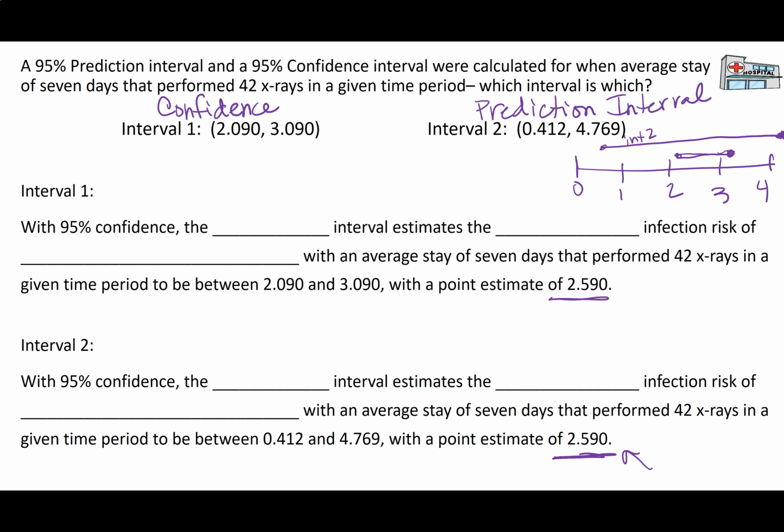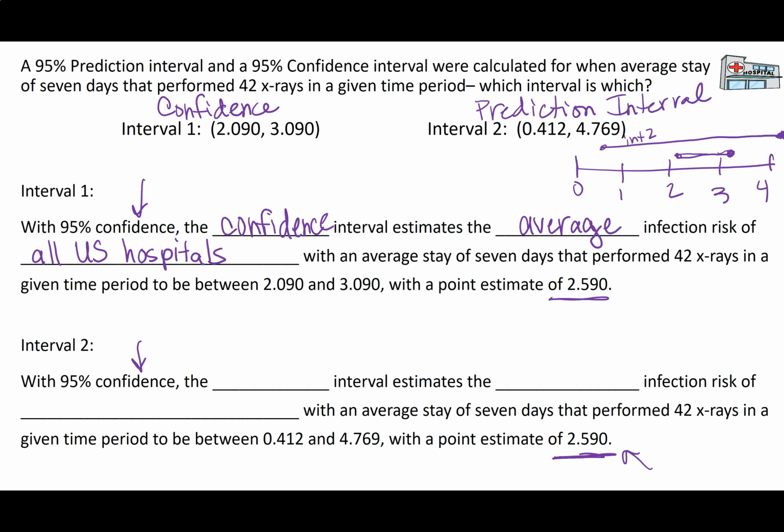So interval 1, with 95% confidence, the confidence interval, I know it's weird that we write confidence in both, but we generally will. So the confidence interval estimates the average infection, because this confidence interval looks at the average of all U.S. hospitals, because that's where we sampled from supposedly.